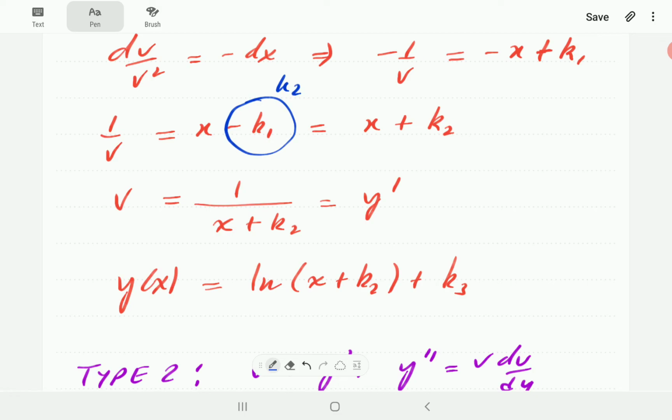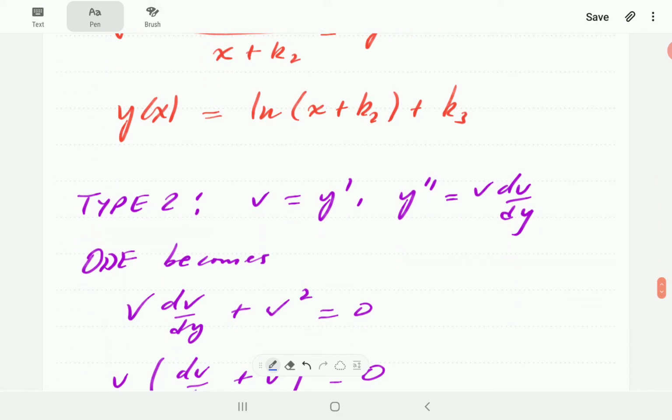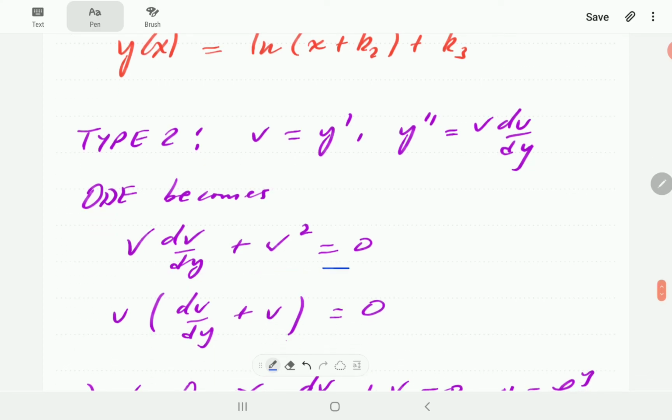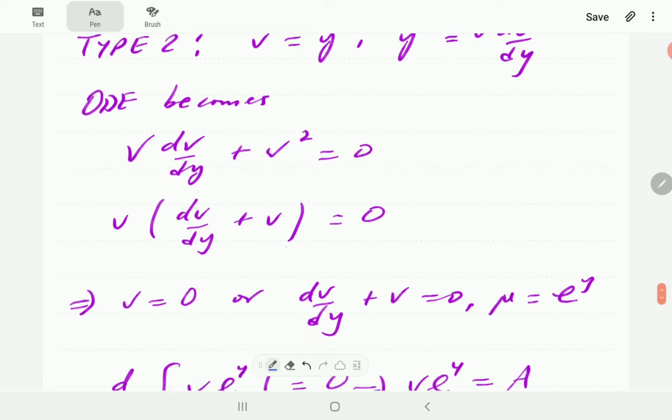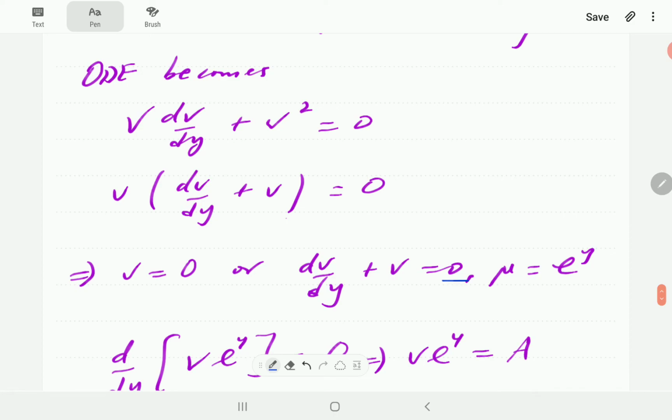Now as a type 2, the first substitution is the same, but y double prime is v dv dy. So the ODE is going to look like this. If we factor out v, then that tells us that either v is 0, which of course is a trivial solution, or dv dy plus v is equal to 0, which is linear, but the independent variable is y.